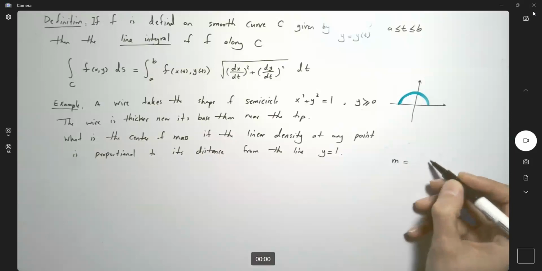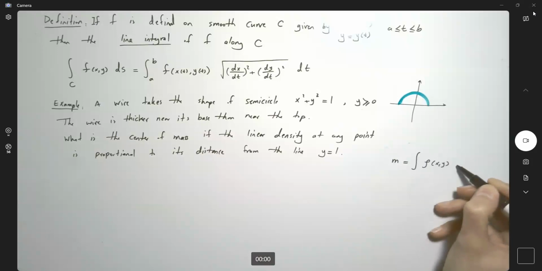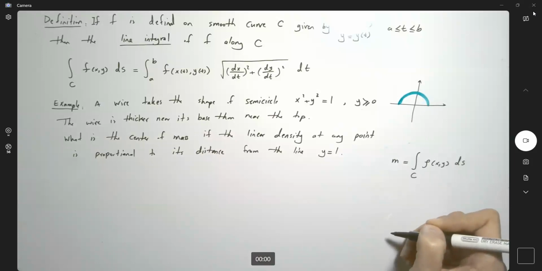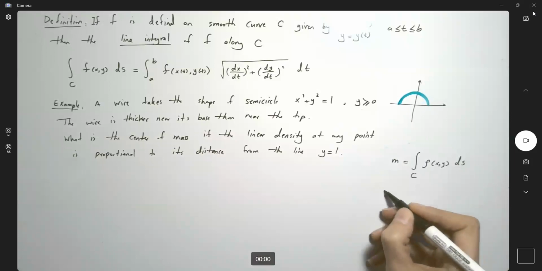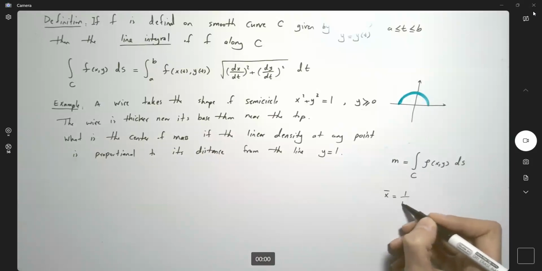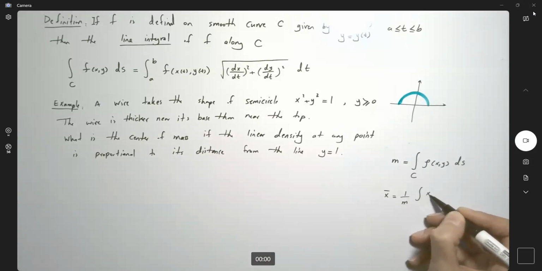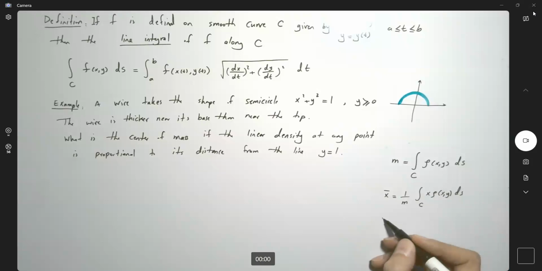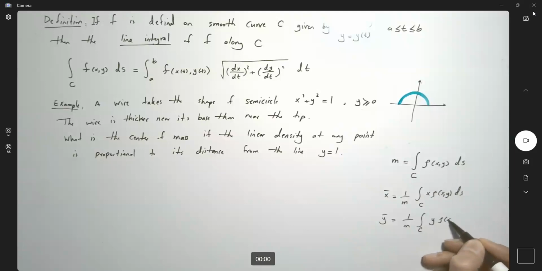M is equal to the line integral of rho ds along C. And the center of mass that we discussed before: x bar is equal to 1 over m times the line integral of x rho of x and y ds, and y bar is equal to 1 over m times the line integral of y rho of x and y ds. Perfect.